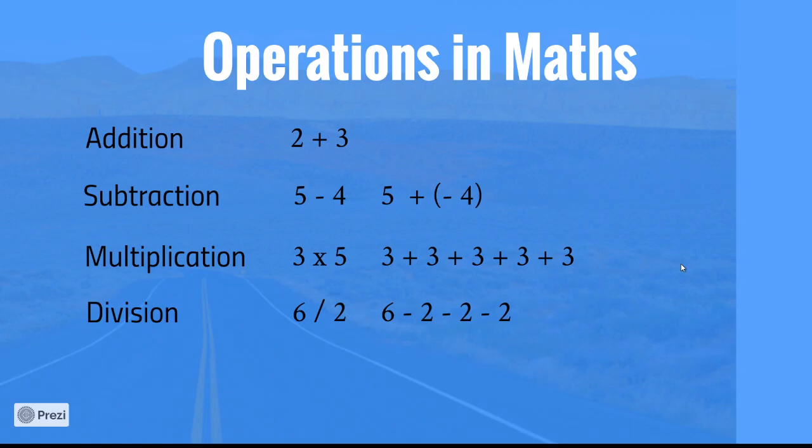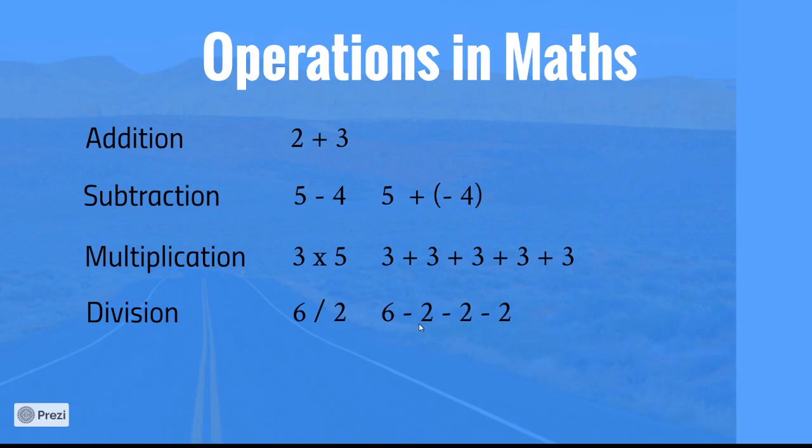Now let me tell you why I'm writing all this. 3 into 5 is 3 plus 3 plus 3 plus 3 plus 3, and 6 by 2 is 6 minus 2 minus 2 minus 2. Now 6 by 2 is equal to 3. How do you get that 3? It is how many times you need to subtract 2 from 6 to get 0.